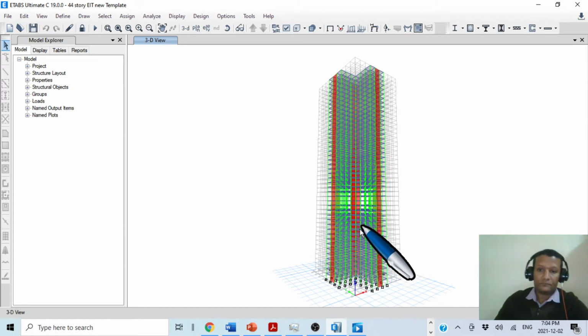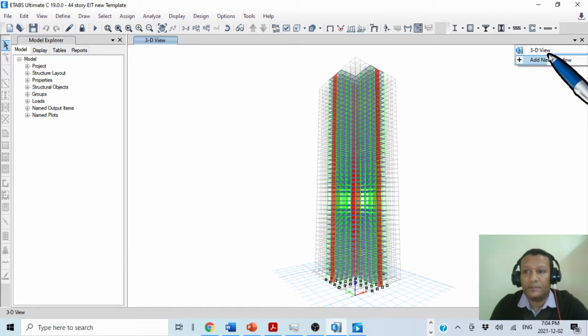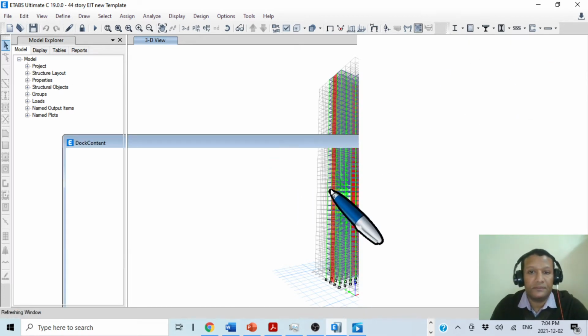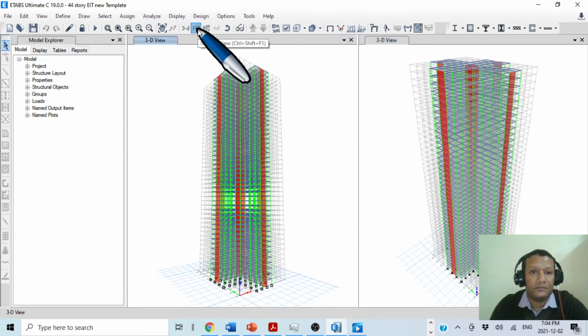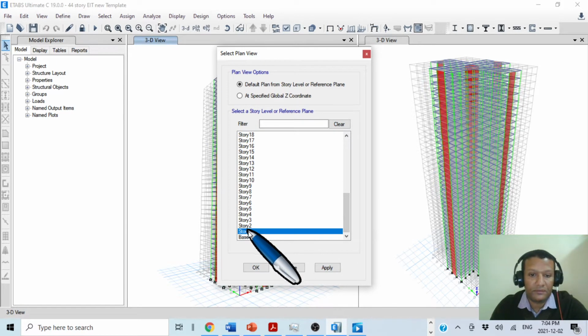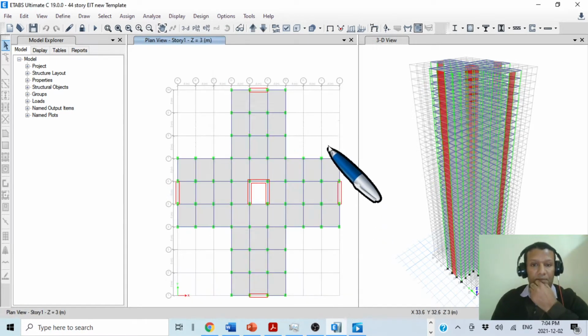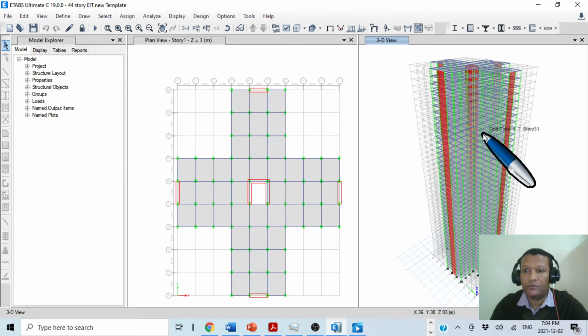Okay, this is the 44-story building, just a normal, regular type of building.